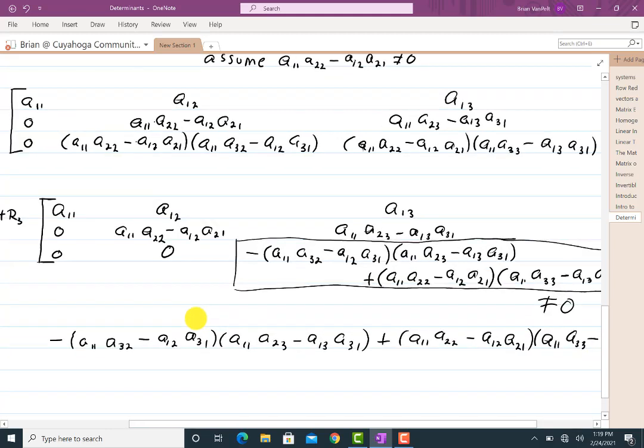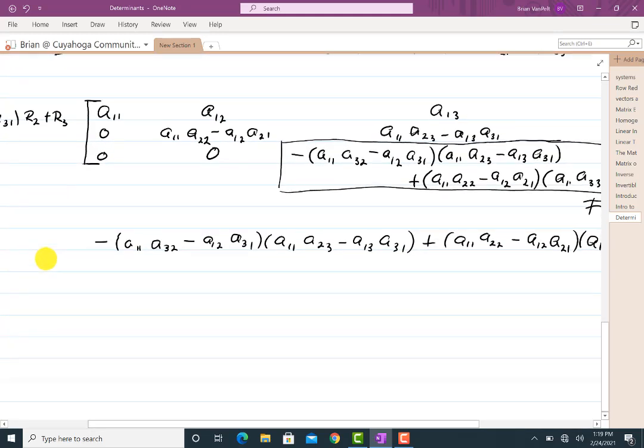All right, let's go ahead. It's basically foiling is all I'm doing here. I bring my minus over here. I'll start A11, A32 times A11, A23. So I get A11 squared, A32, A23. Then I'll go ahead and take this. With FOIL is FO. So first, then the outer. So A11, A32, A13, A31.